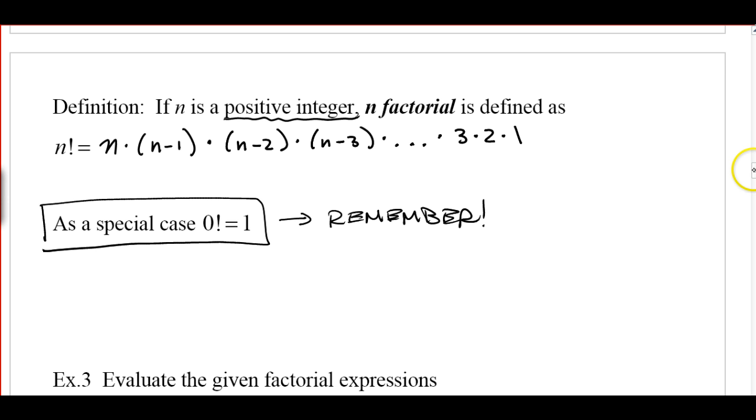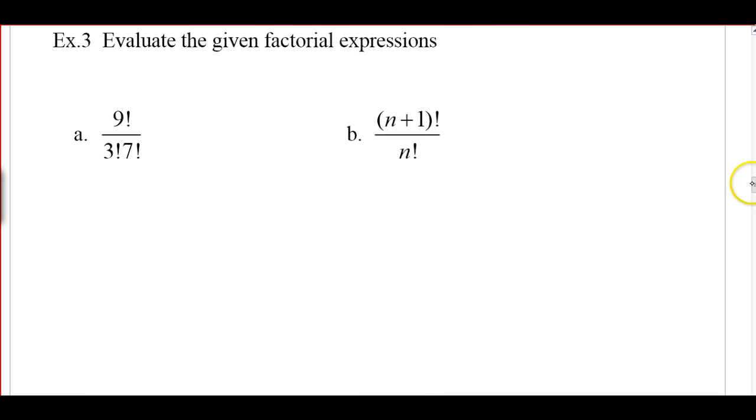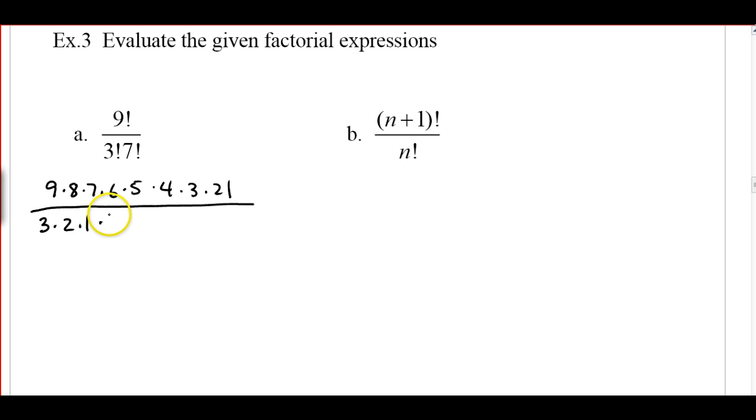So let's take a look at a few examples that use factorial. So we've got 9 factorial divided by 3 factorial times 7 factorial. So 9 factorial is 9 times 8 times 7 times 6 times 5 times 4 times 3 times 2 times 1. And then 3 factorial is 3 times 2 times 1. And 7 factorial is 7 times 6 times 5 times 4 times 3 times 2 times 1.